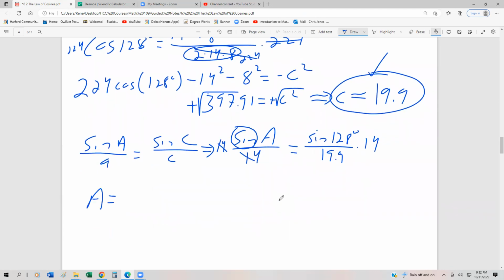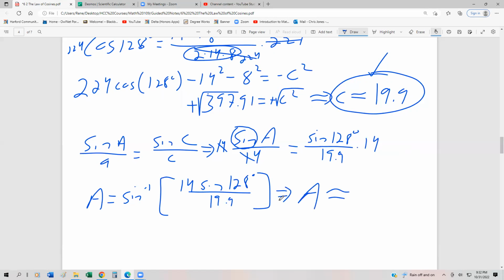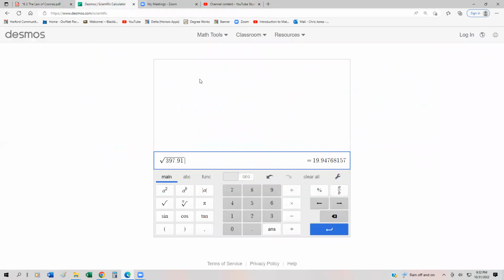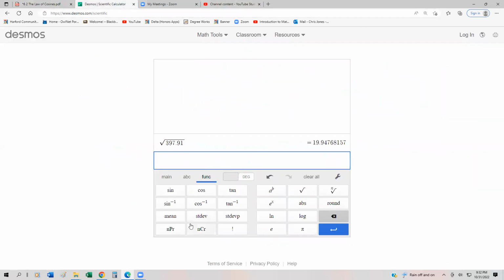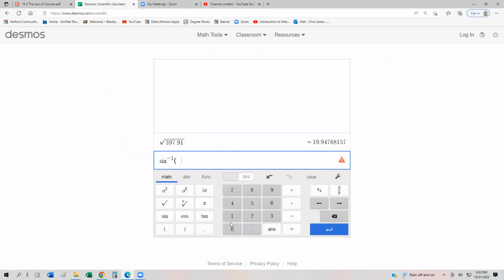So A is going to be arc sine, or sine inverse, of 14 sine 128 divided by 19.9, right? And we could just throw that into our calculator and figure out what A is approximately to one decimal place. So we're going to take the arc sine of 14 sine 128, divided by 19.9. I'd better put a divide symbol in there.